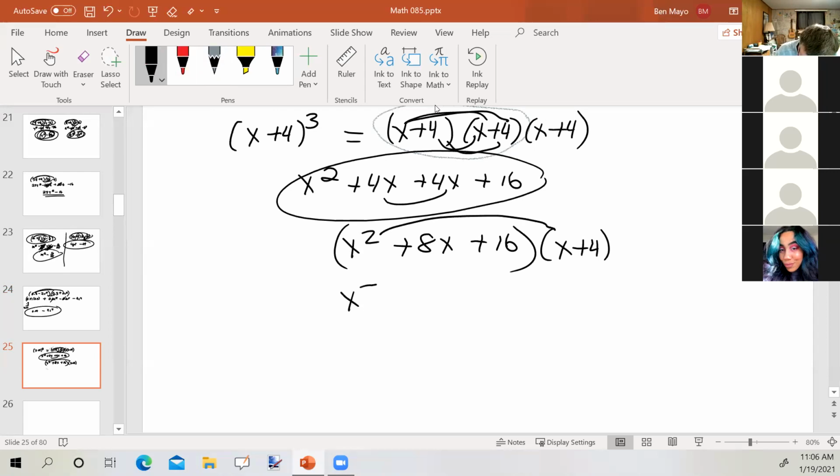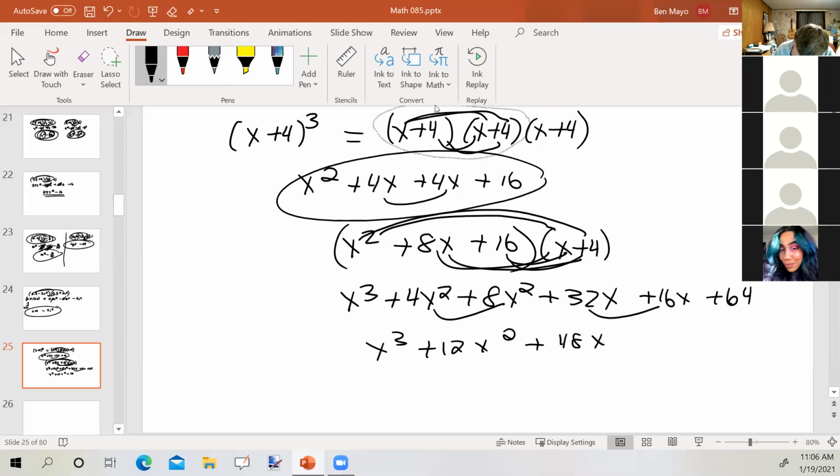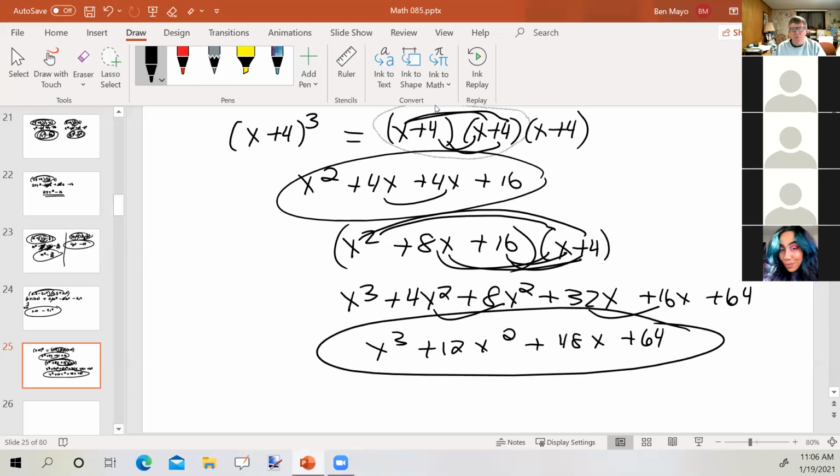So now I've got x cubed plus 4x squared plus 8x squared plus 32x plus 16x plus 64. Combining like terms, I've got x cubed plus 12x squared plus 48x plus 64. So I get this huge polynomial. Any questions there?